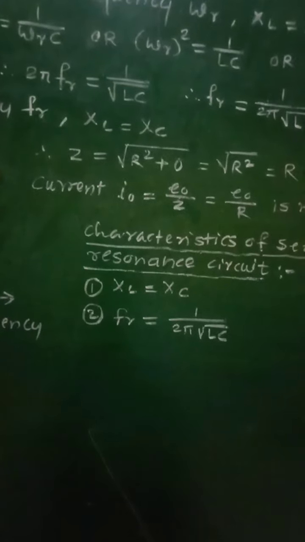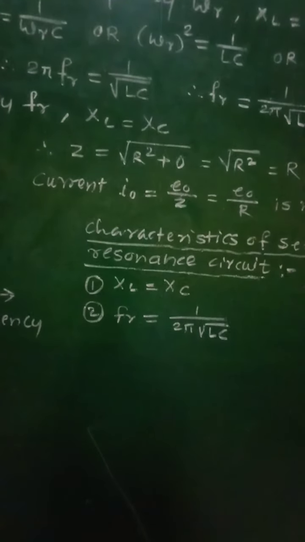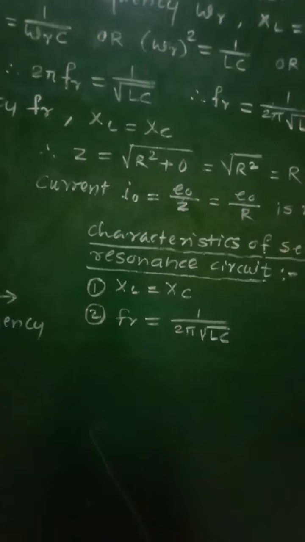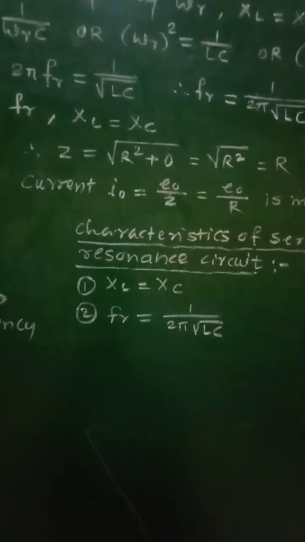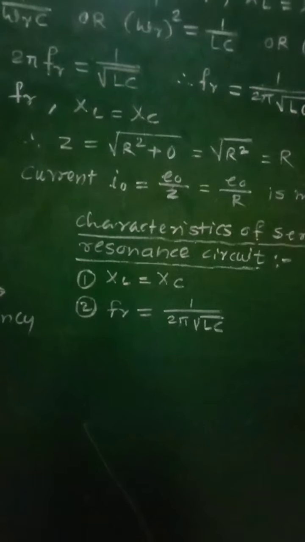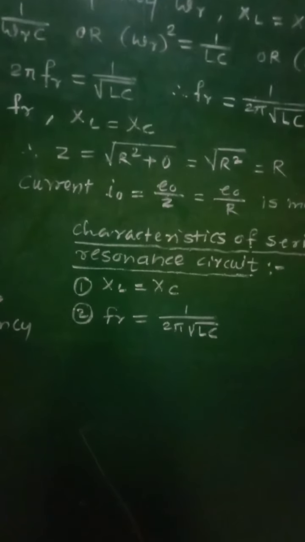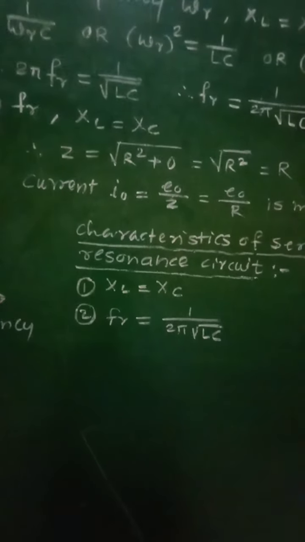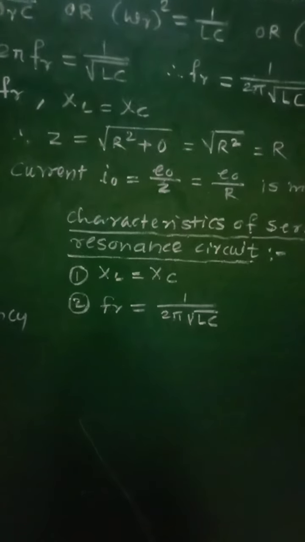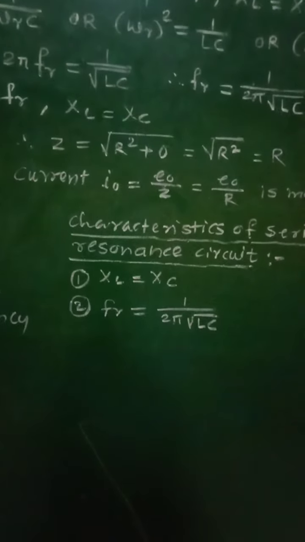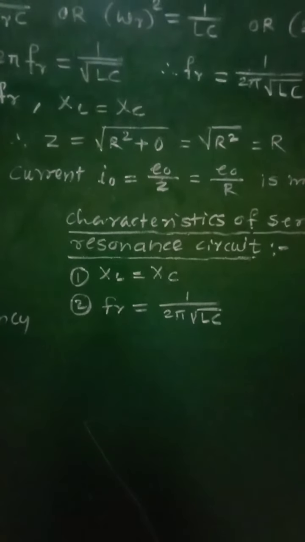The current is maximum for this frequency only, and hence this circuit is called an acceptor circuit. So the series LCR resonance circuit is called an acceptor circuit because it accepts only one frequency for which the current is maximum.